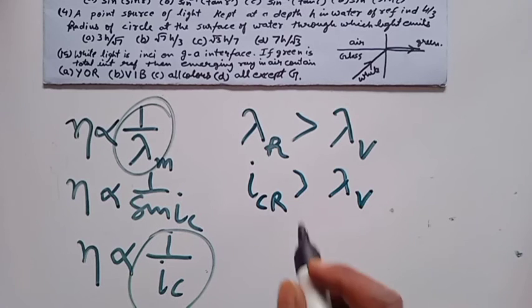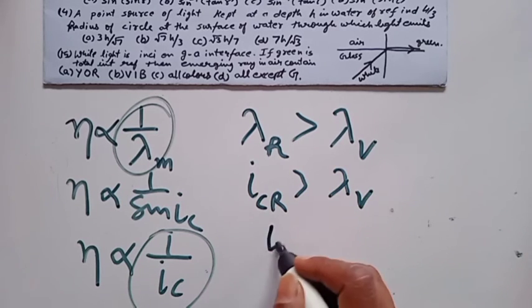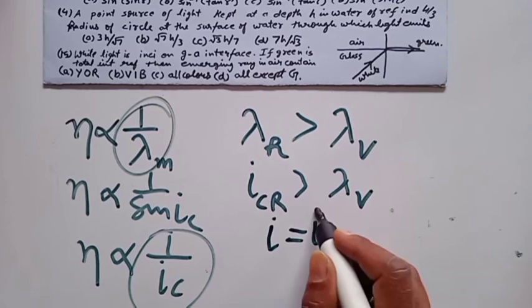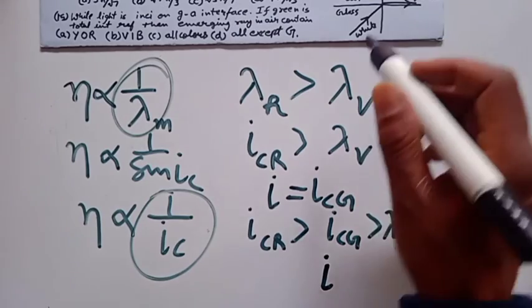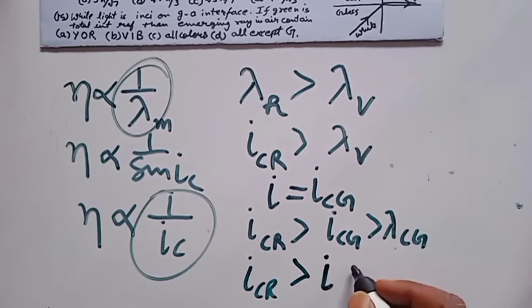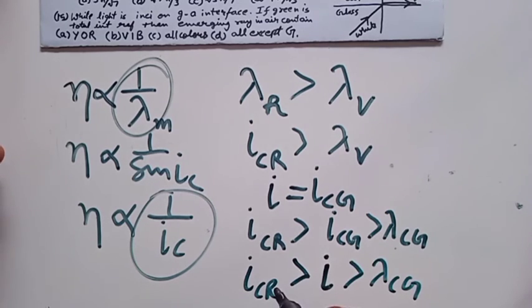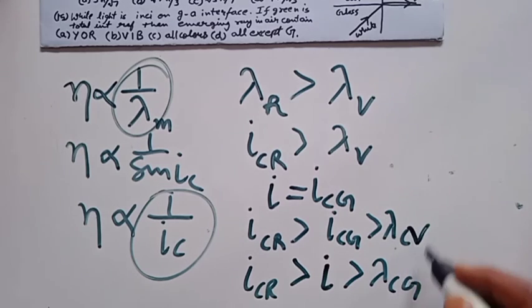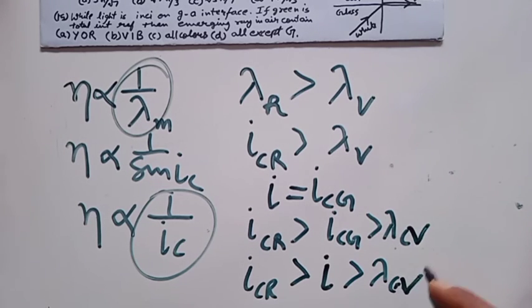And it means that if green is totally internally reflected, the angle of incidence is equal to the critical angle for green. That is simply this I, which is the same for every other color. So here, the angle of incidence is less than the critical angle for red, so it will emerge out, and the angle of incidence is greater than the critical angle for violet, so it will totally internally reflect back.